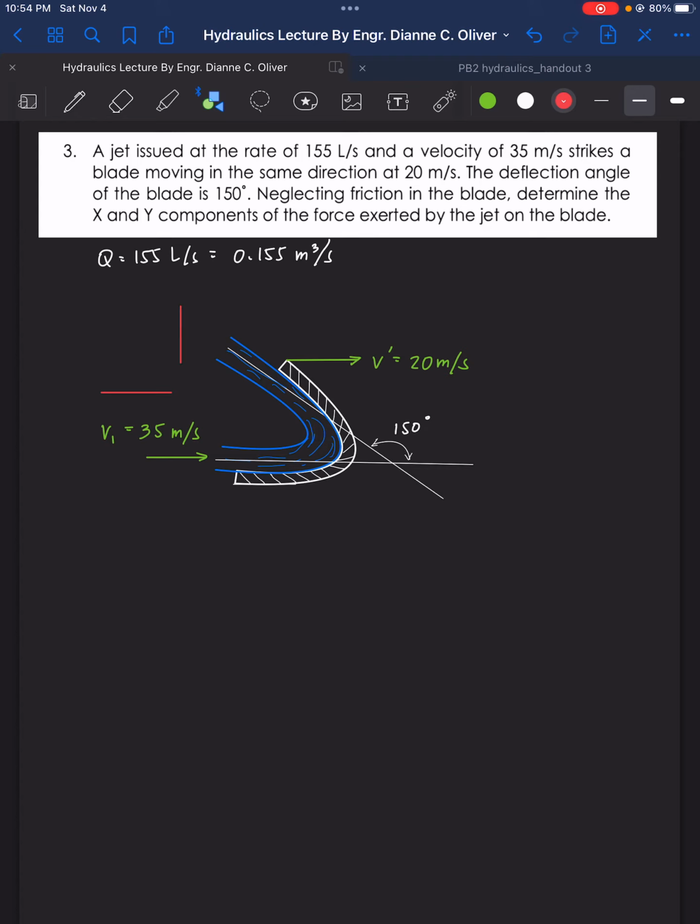And we have to put here Fy downward. So when we get a positive value, this assumption is correct. But if not, then it's in the opposite direction. Okay, so the force exerted by the blade.